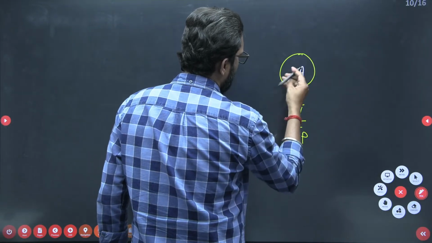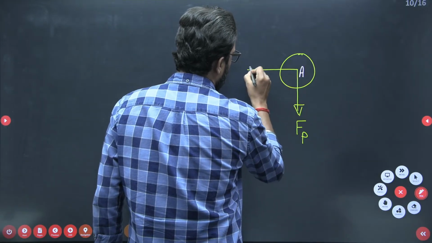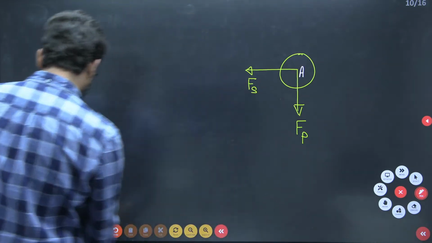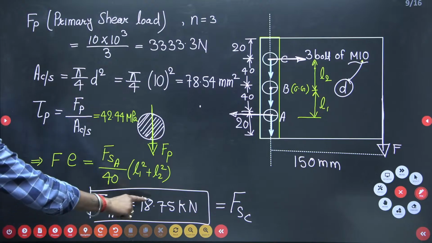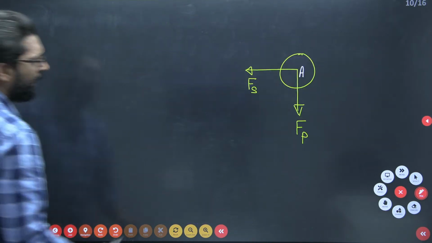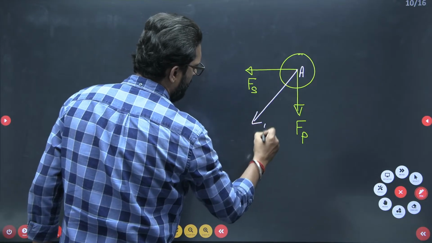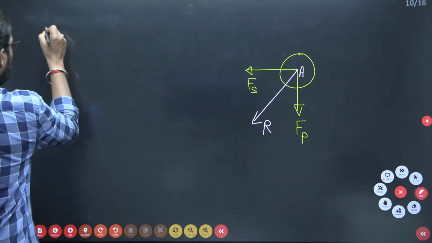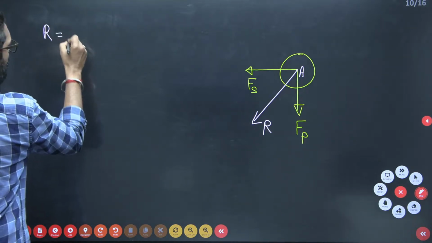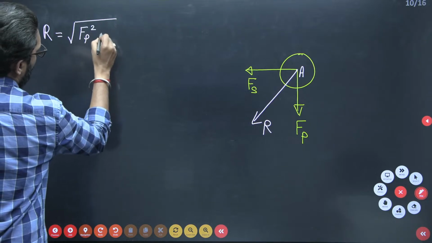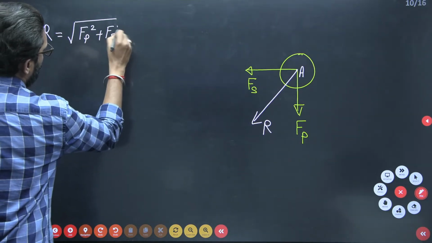There is an F primary and an F secondary, and there must be a resultant R. What is this resultant? Square root of F primary square plus F secondary square.